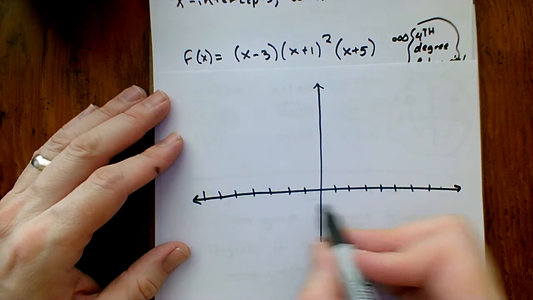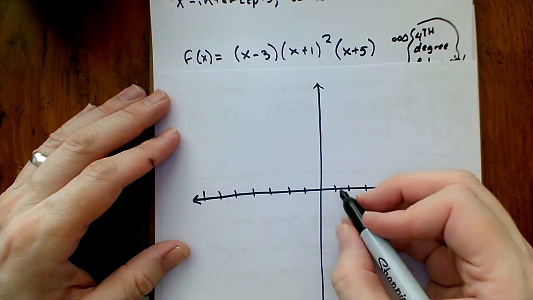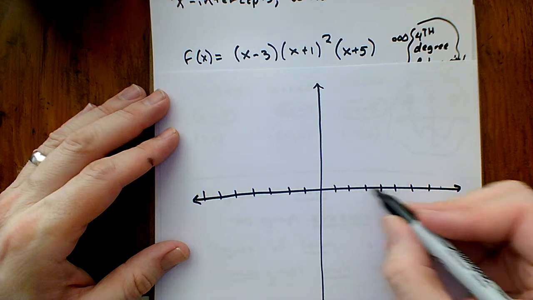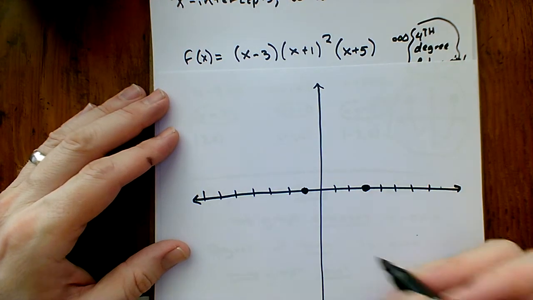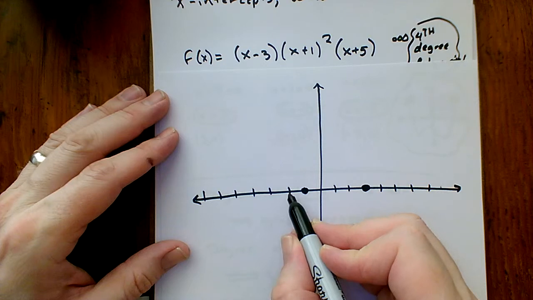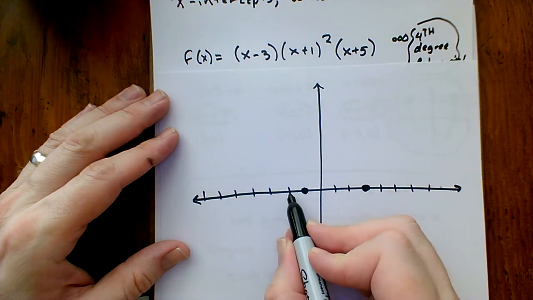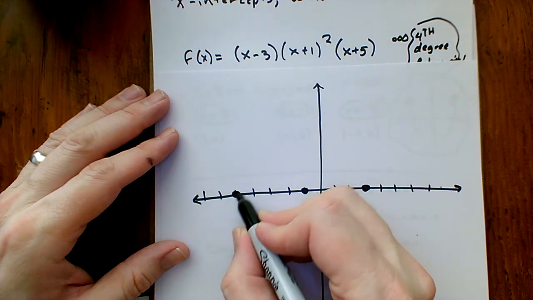We had our x-intercepts at 3, at negative 1, and at negative 5. 1, 2, 3, 4, 2, 3, 4, 5.